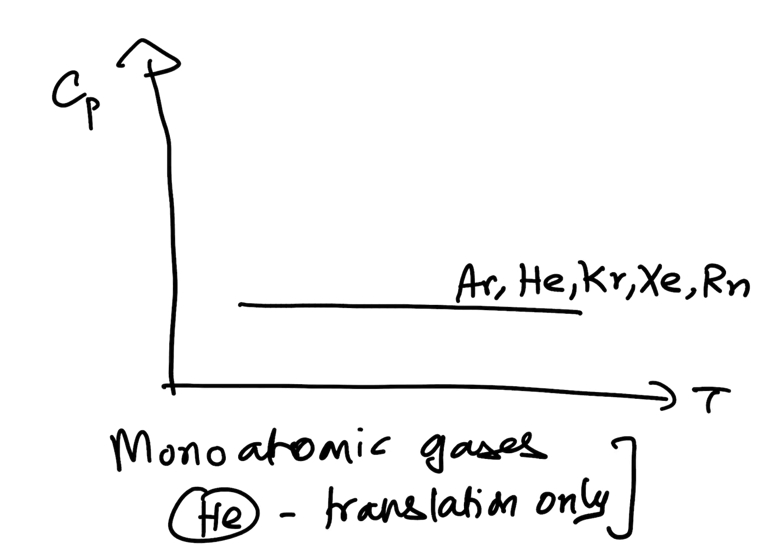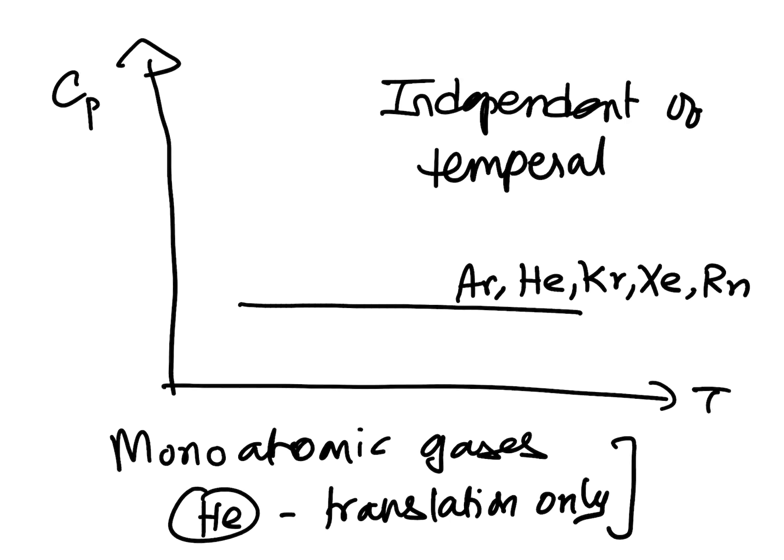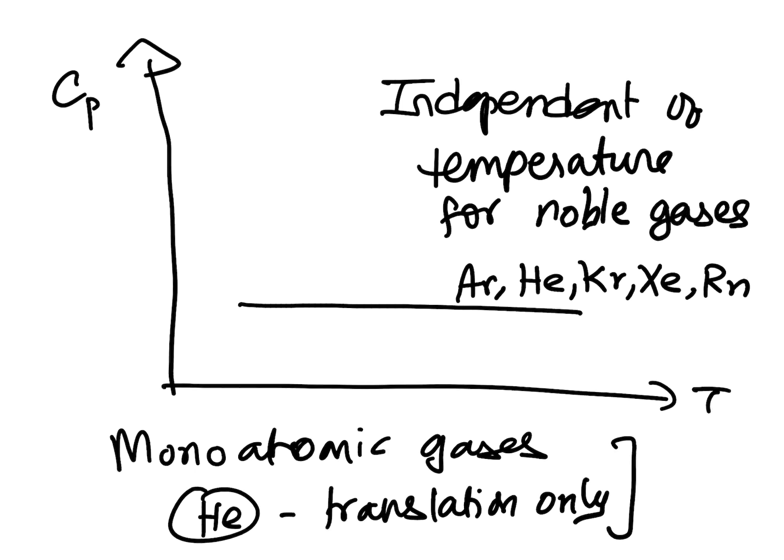So their specific heat is independent of temperature for these noble gases. Okay, so Cp is a constant for these noble gases.